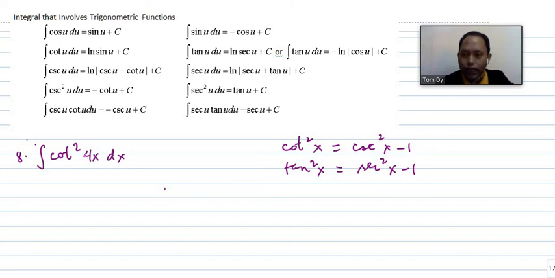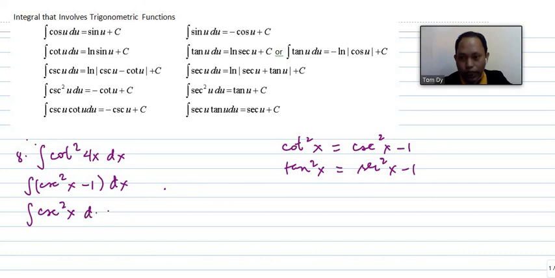So the integral of cotangent squared 4x dx is equivalent to the integral of cosecant squared x minus 1 dx. Then we distribute our integration: we have the integral of cosecant squared x dx minus the integral of dx.